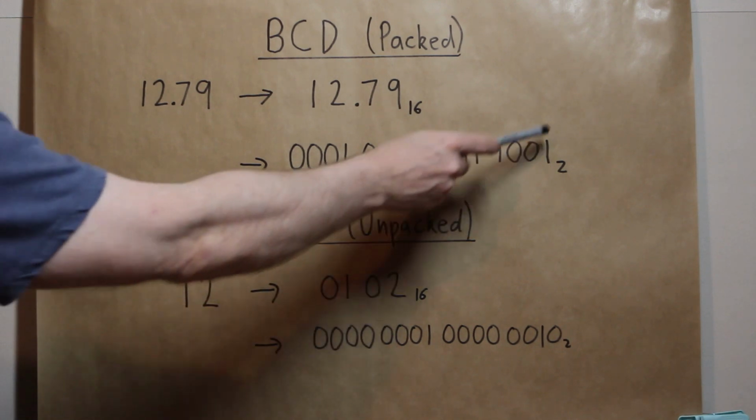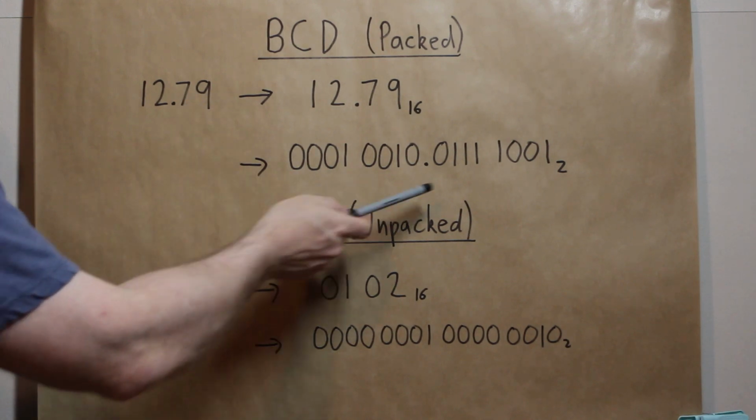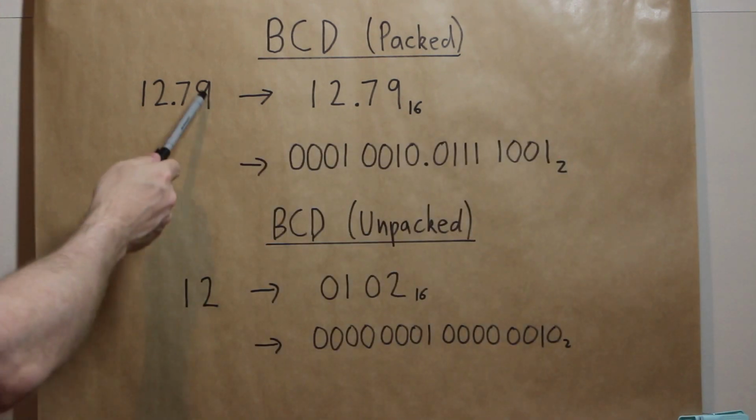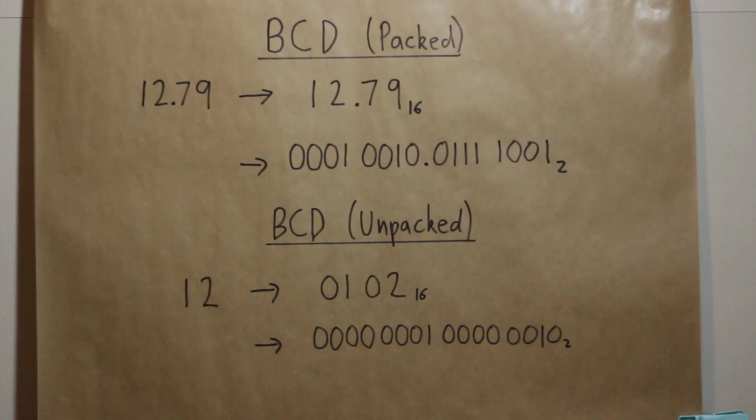You don't want to just cut it off after 8 bits because that's all you've got space for in your computer and just lose whatever is on the end here. You really want to be able to represent exactly the value 12.79. And in binary, you just can't represent every decimal value exactly in a finite number of bits. So this is why binary coded decimal is much more convenient.